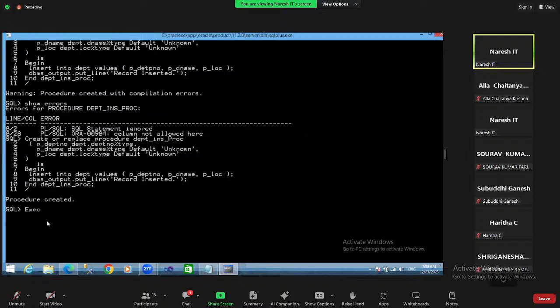See, execute DEPT_INSERT_PROC of 50, 'max'. Suppose I'm not passing location, I just pass only department number and DNAME. If you are not passing location, then unknown is taken.